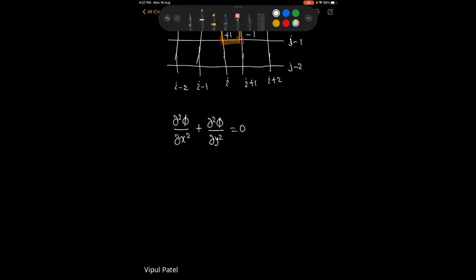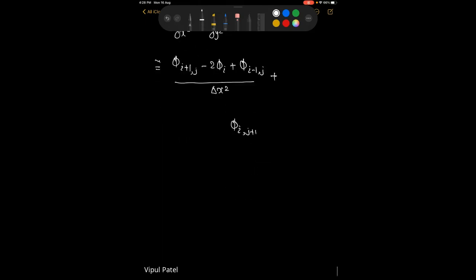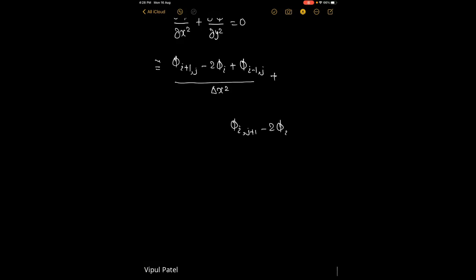If I use central difference approximation for the second order derivative with respect to x and y, then I can express del square phi by del x square as phi i plus 1 comma j minus 2 phi ij plus phi i minus 1 comma j, divided by delta x square, then plus phi i comma j plus 1 minus 2 phi i comma j plus phi i comma j minus 1, whole divided by delta y square.